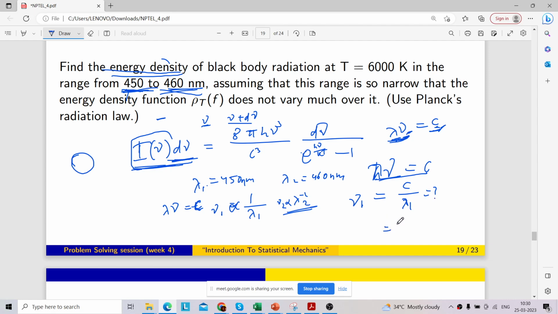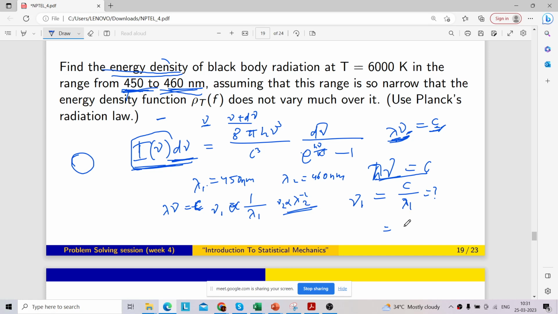It's a quick math. You know 3 into 10 to the power 8, then put the lambda value, which is also in meter. So you'll get frequency in terms of second inverse. Second inverse we call hertz. So what is this value?